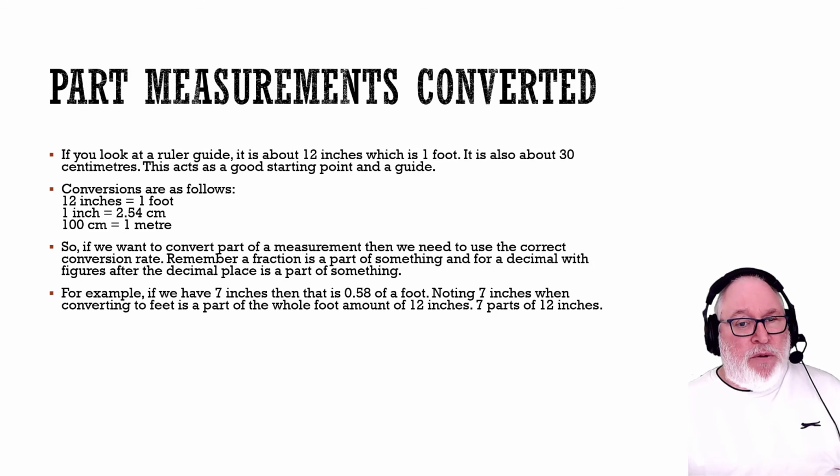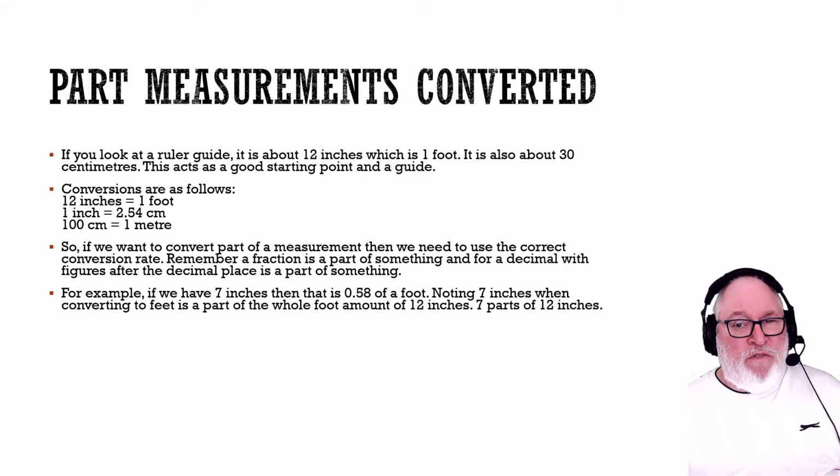So for example, if we get something that's 7 inches, then that's 0.58 of a foot. And we know that that's 7 parts of 12 inches. How do we get to the 0.58 of a foot? Well, we know that 12 inches there, so we can convert that out, if we wanted to, in any which way we want there.